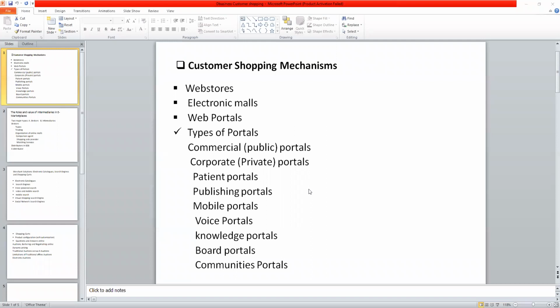Now, these web stores have electronic shopping carts, like you can compare it with the traditional way. As we enter a mall, we just have to drag the trolley or pull on the basket, and try to put the things into that.